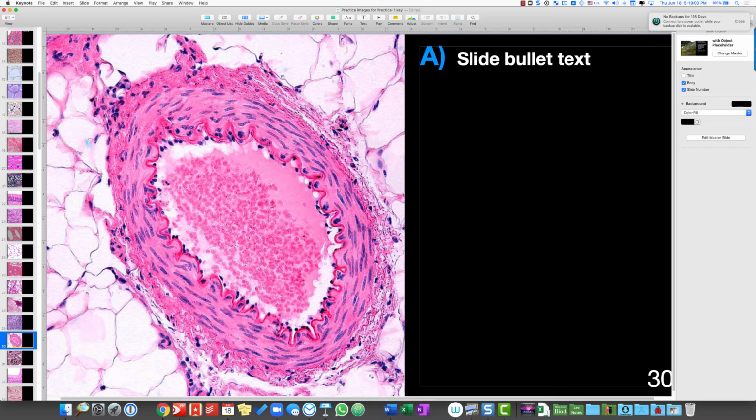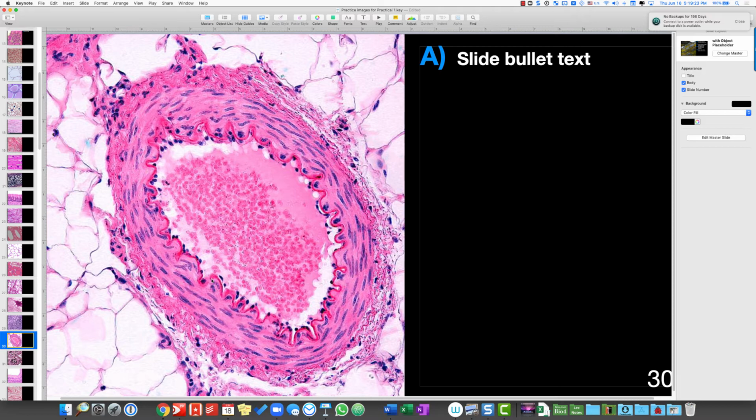So in the heart, the inner lining is called endocardium, as we'll learn in the next unit. This inner lining of all blood vessels is called endothelium, and it's a simple squamous epithelium. It's a single layer of squamous cells. It's hard to see in this image, but as they always tell us, histology requires some imagination.